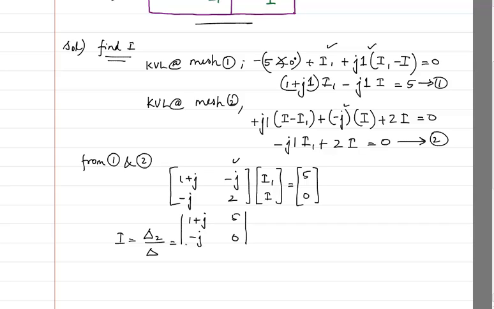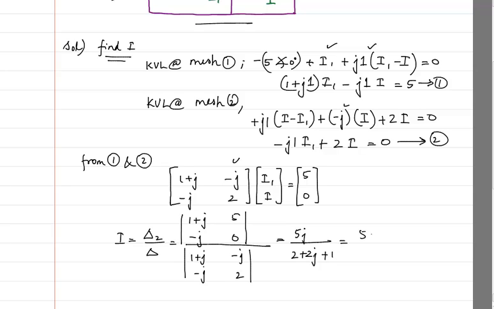The determinant of that is going to be delta 2, and the denominator we will keep as 1 plus j, minus j, minus j, 2. From here straight away we can say that the numerator is going to be 5j, and the denominator we can straight away say 2 plus 2j, minus of minus and minus becomes plus, j square is minus, so this becomes plus 1.